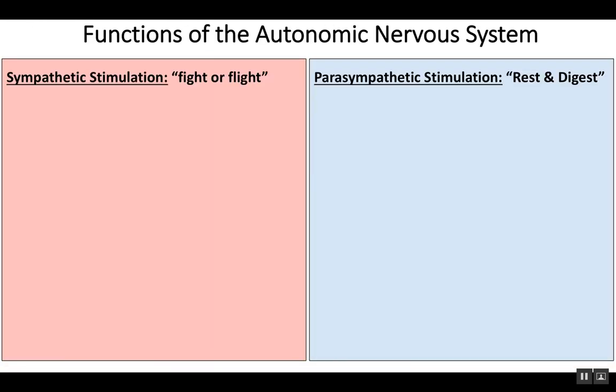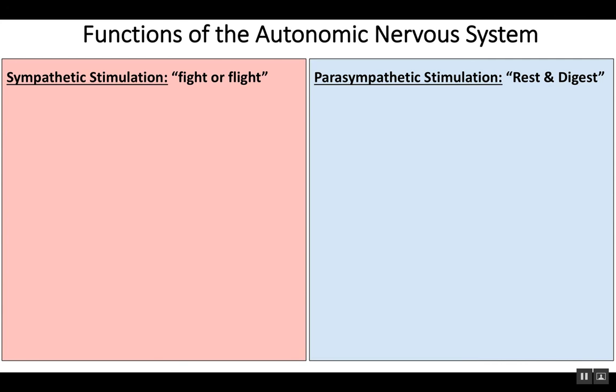Okay, what we're going to do now is look at and think about some of the basic responses of both sympathetic and parasympathetic. And when we do this, I want you to put yourself in a situation. For parasympathetic, you're going to be resting. So you're either sitting in class watching a lecture, or you're sitting on your sofa watching TV, or maybe you're lying in bed taking a nap.